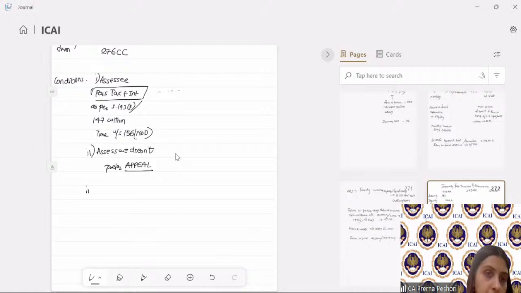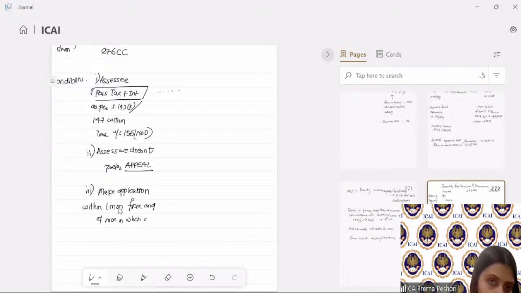And finally, the assessee has to make the application before the AO within 1 month, within the period of 1 month from the end of the month in which the assessment or reassessment order is received.